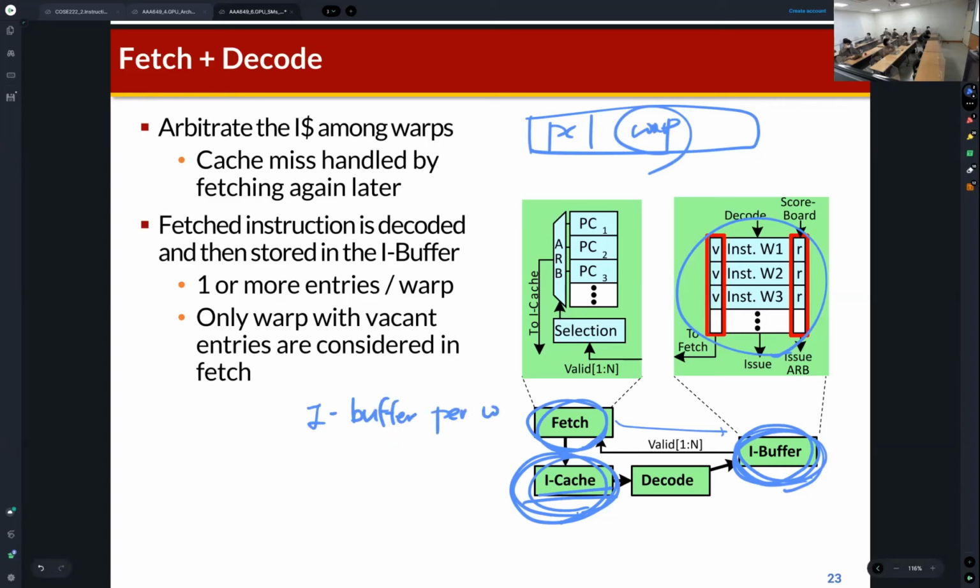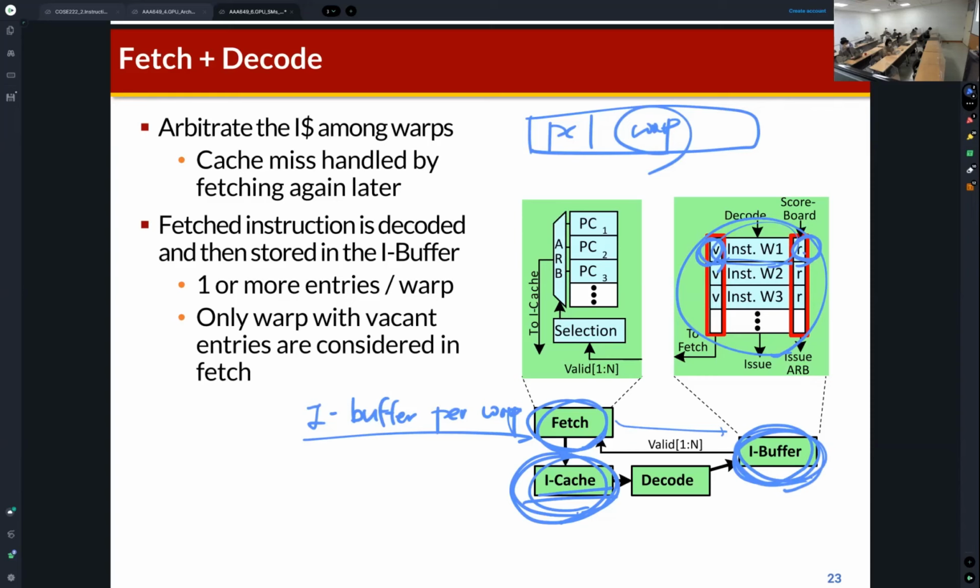It's very simple. The instruction buffer per warp just holds the decoded instructions and the valid bit, so we need to check the validness of the instruction. Also, there is the ready bit, which is checked by the scoreboard, and that's it.